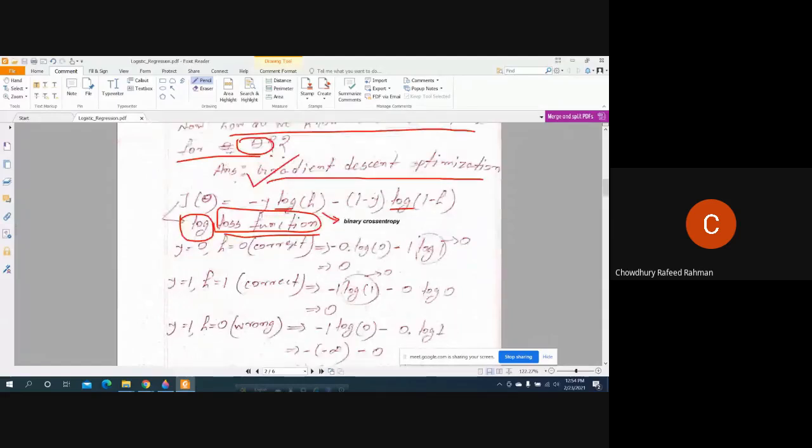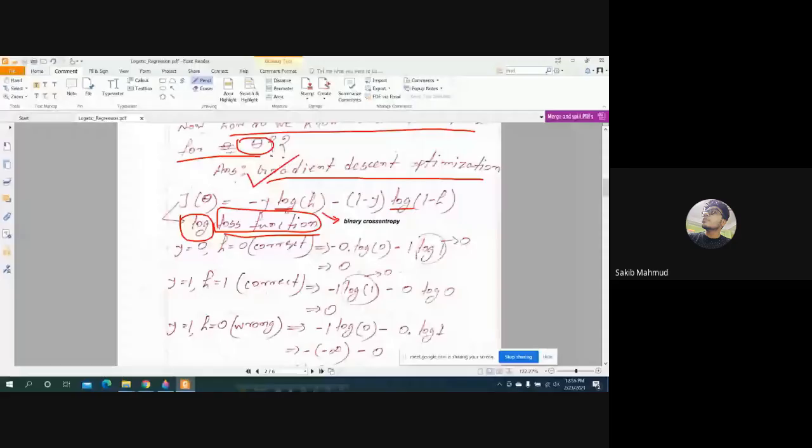Does everyone agree with me on this? When you make the correct prediction, your loss function should not give a very big value, right? Yes, sir. Okay, so let us see if this function meets these criteria.